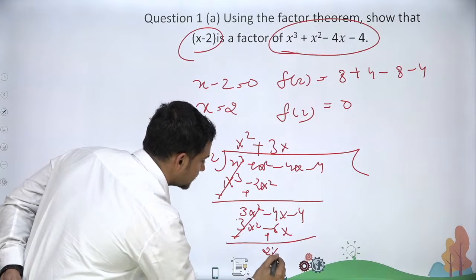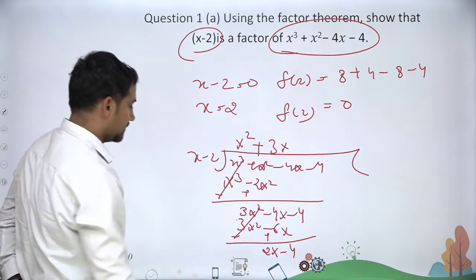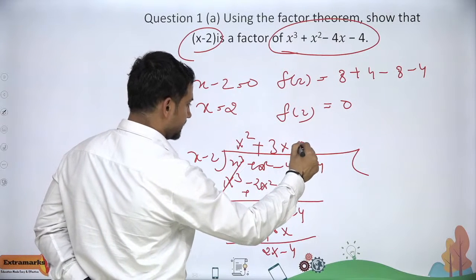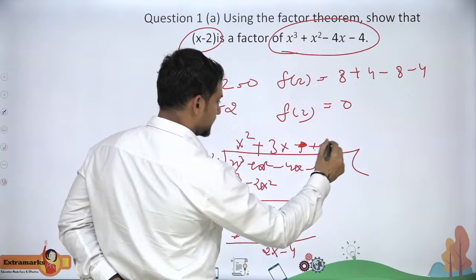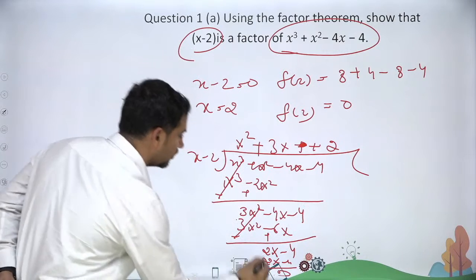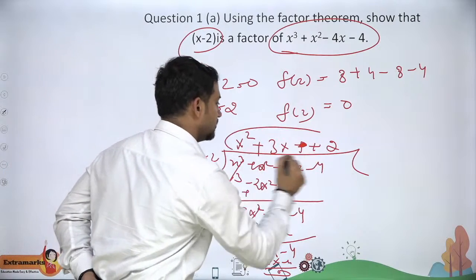Then plus 2x minus 4, it means minus 2, then we have to get plus 2. Then 2x minus 4, where the remainder should be 0.